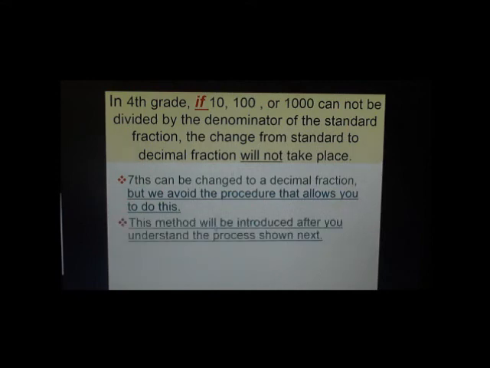There is a way of doing it, which will be introduced later on, 5th or 6th grade math, in which you will be able to do this very simply by just following a procedure. But for now, we're going to stick with this concept, that if they don't divide equally into one of the decimal places, then you're not going to be required to change it.